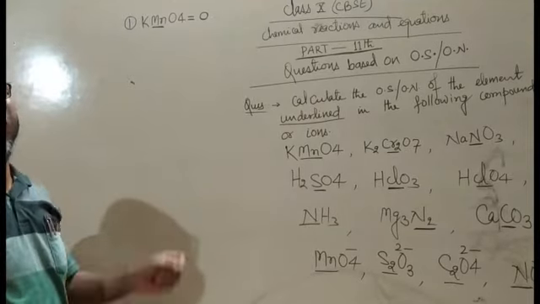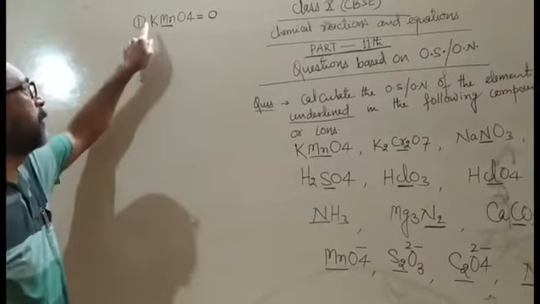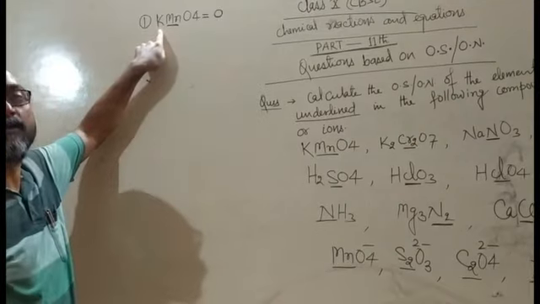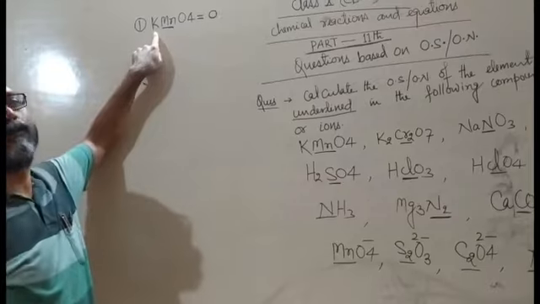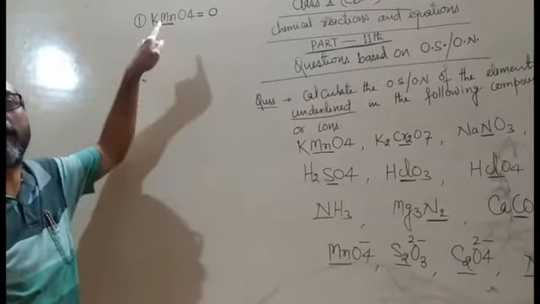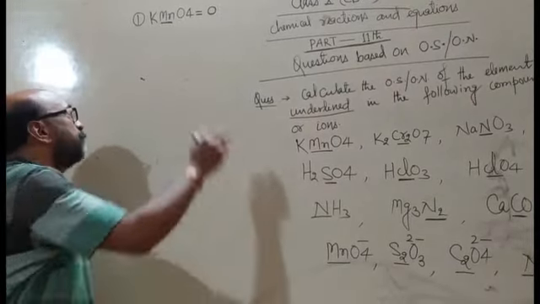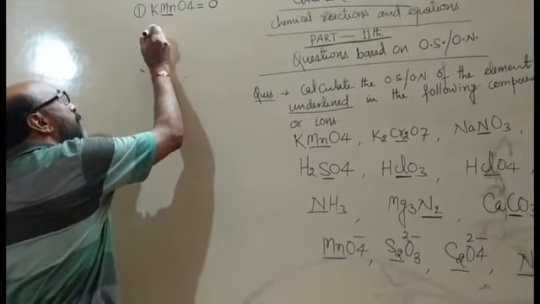And in one of the rules you have read, potassium is an alkali metal whose oxidation state is always +1. We use +1 for potassium.